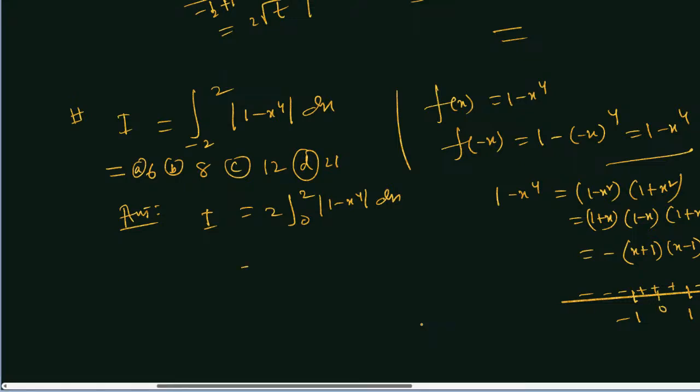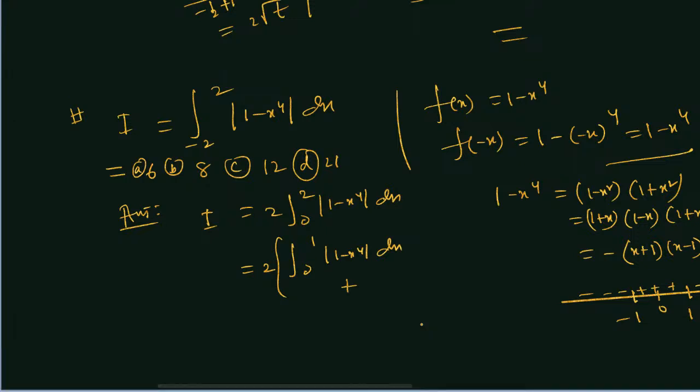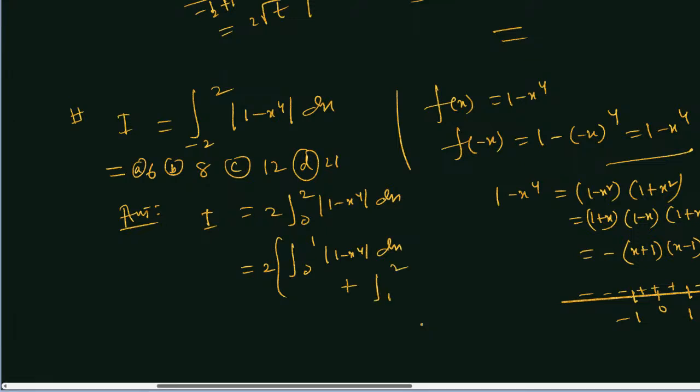You write 2 into integral of 1 minus x^4 dx plus, you have to remove the mod sign, no? Simple sums on mod you have done in the board exam. This will be 2 into, if you want to remove it, the whole 1 minus x^4 in 0 to 1 is positive.